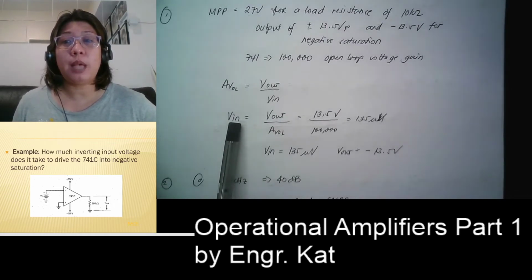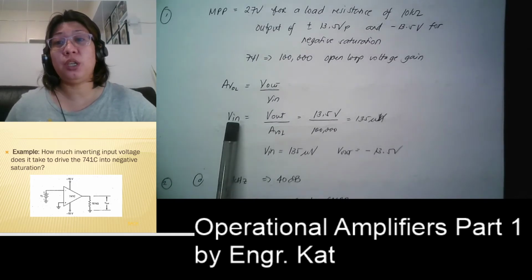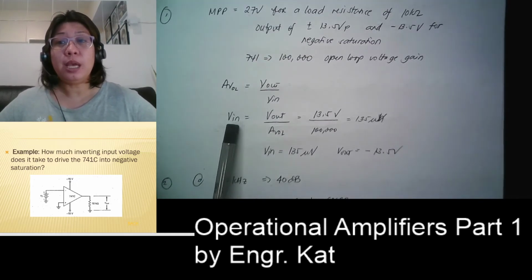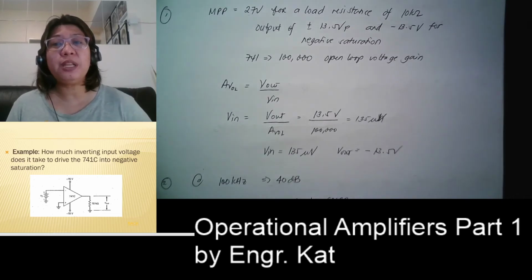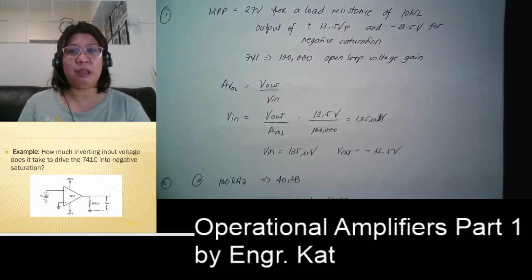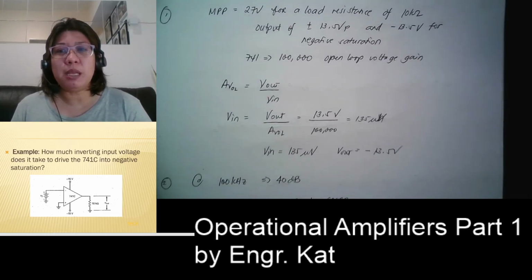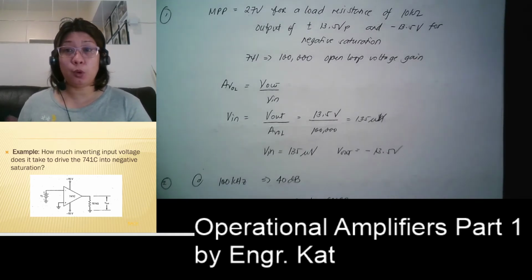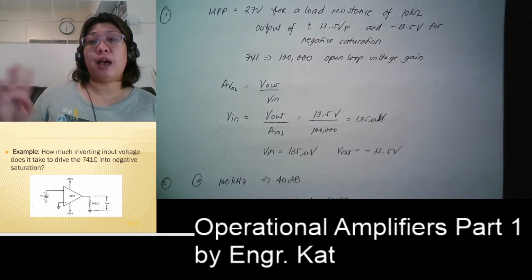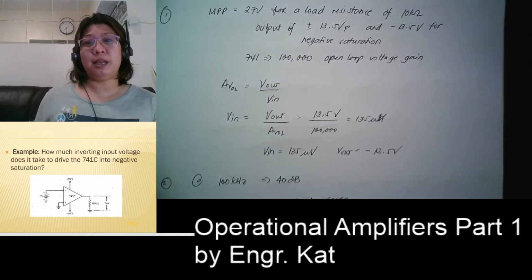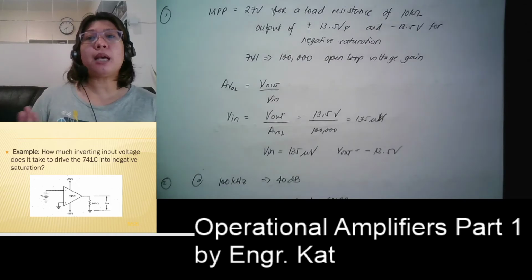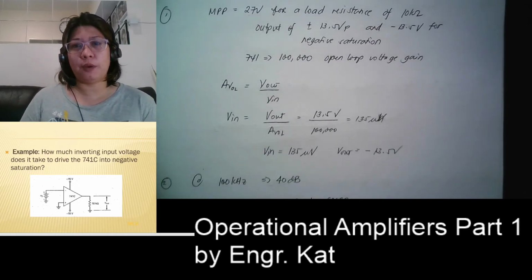What is asked in the problem is how much inverting input. Since your input is at the inverting terminal, the negative symbol there, if we have a positive input, we have a negative output. So we are talking about a positive input so that it can have an output which is maximum at negative 13.5.